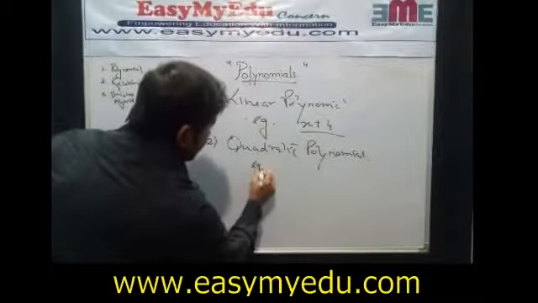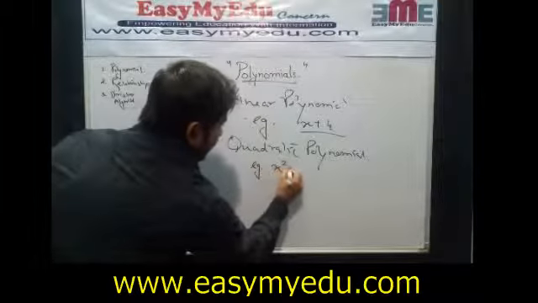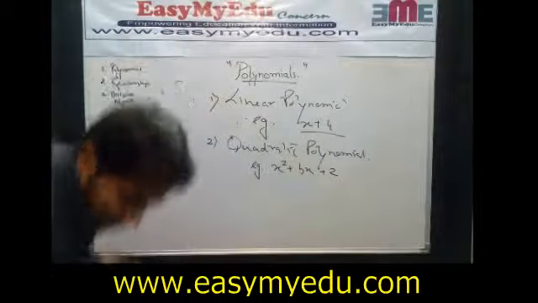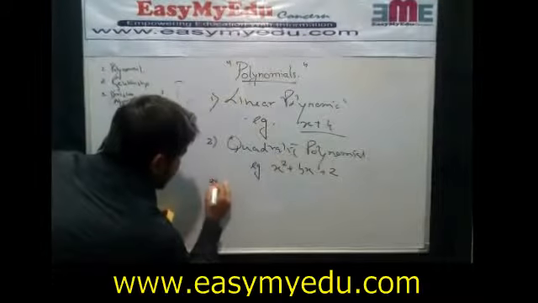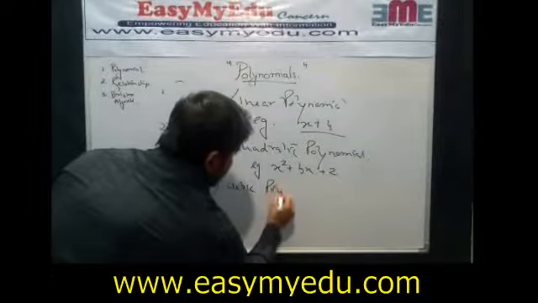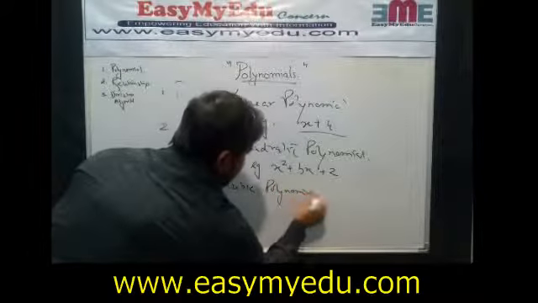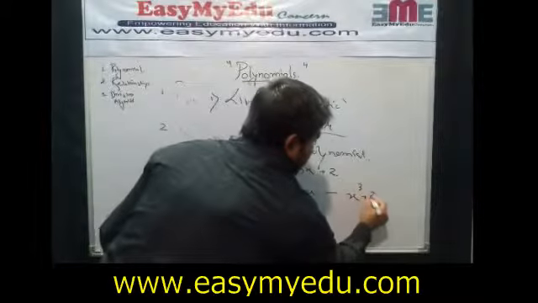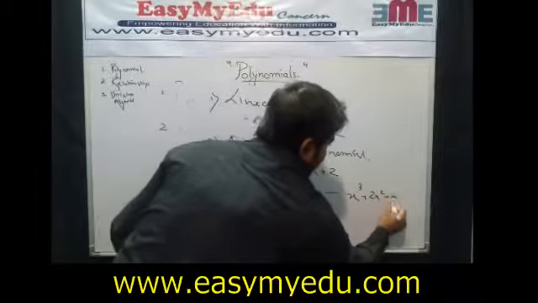For example, x square plus bx plus 2. And the final one is cubic polynomials. It's x cube plus twice x square plus x plus 2.